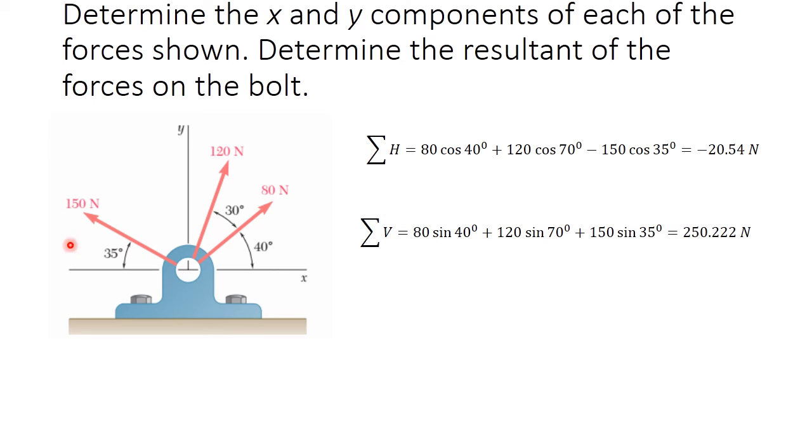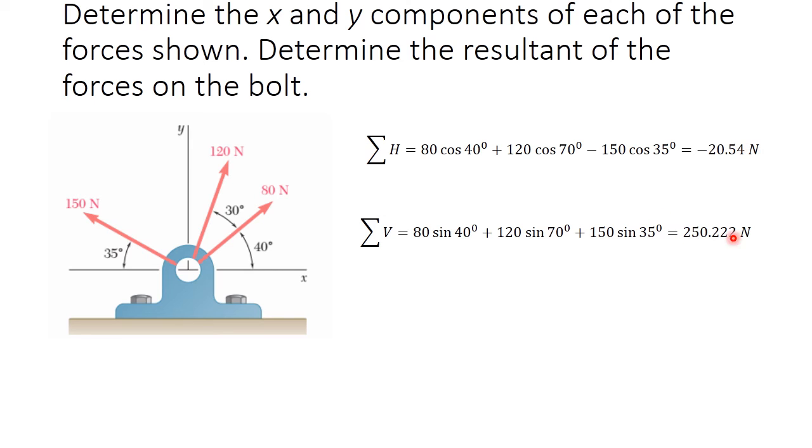Okay, now this 150 Newton is acting in the second quadrant, at 35 degrees with the horizontal. While I resolve it, just mark it: the y component will be directed upward, so positive, but the x component is directed towards the left, so it will definitely be negative. The horizontal component will be negative: 150 cos 35, cos 35 because 35 is given with respect to the x axis, and the other component will be the sine component.